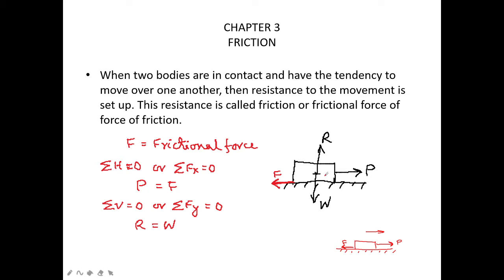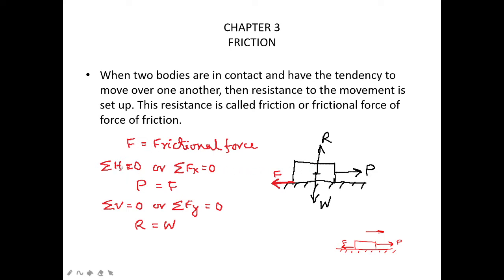In this figure, W is the weight of the body, R is the normal reaction, P is the applied force, and F is the friction, which will always act in a direction in which the body has a tendency to move or moves.